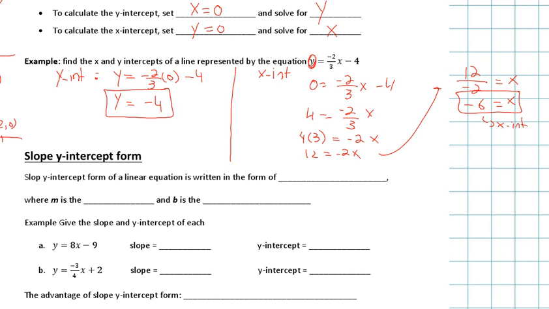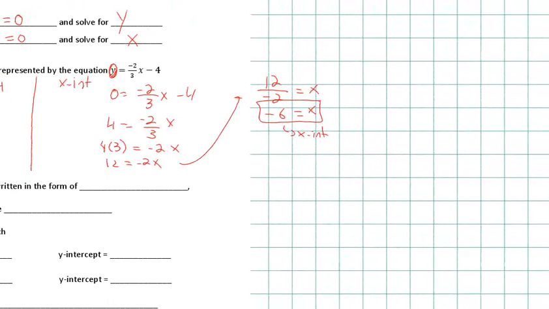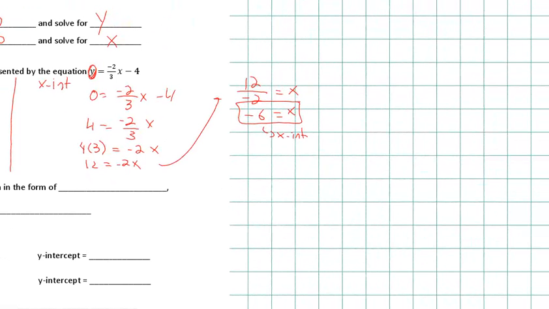So if I show you here, the y-intercept was negative 4, okay? So that'll be negative 1, negative 2, negative 3, negative 4. So that's my y-intercept.